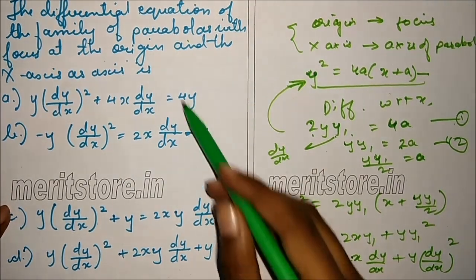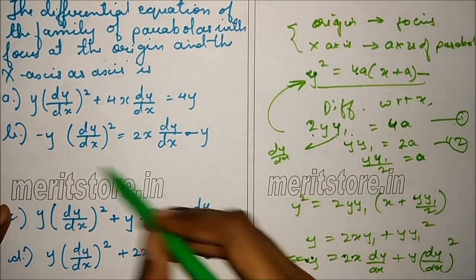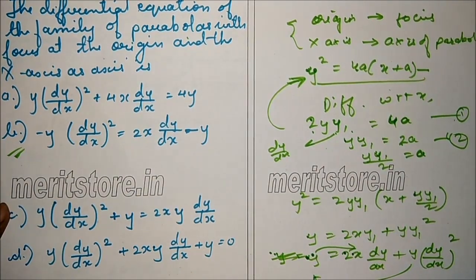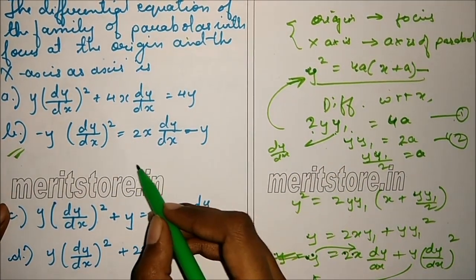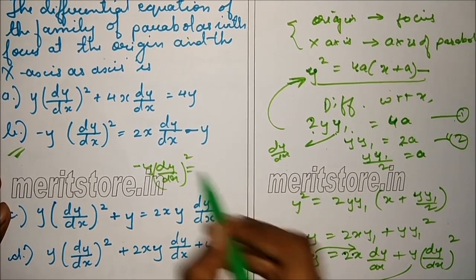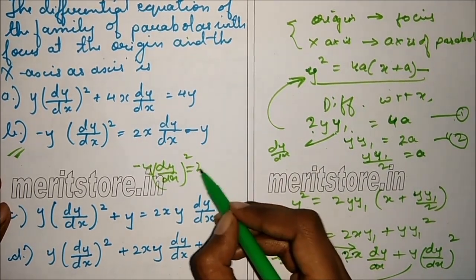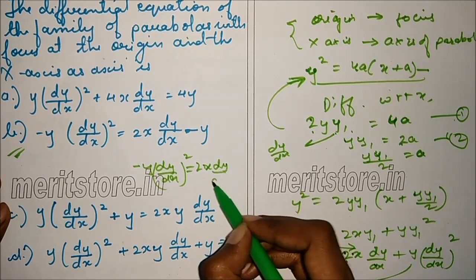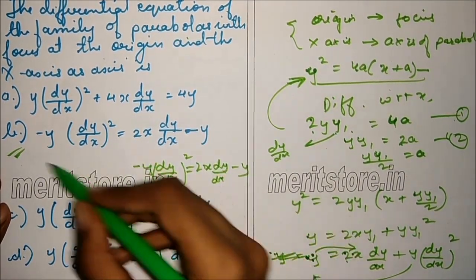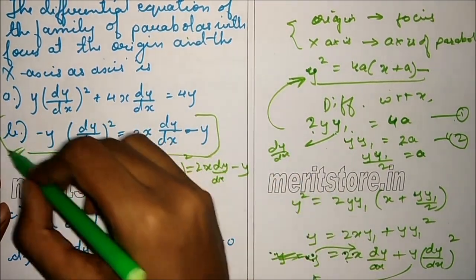So if we compare with the options, it matches with B. We just have to shuffle it. So we bring this to LHS and bring this to RHS. So this will be minus y (dy by dx) the whole square equals 2x dy by dx, and this will turn negative, so minus y, which matches with the option B.